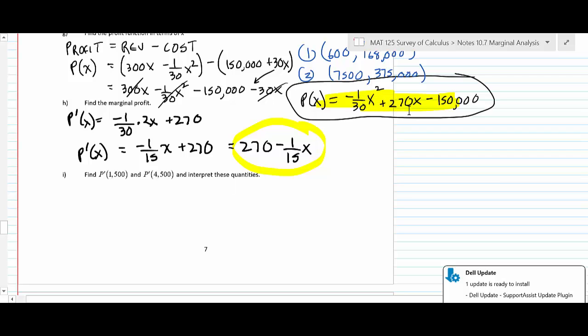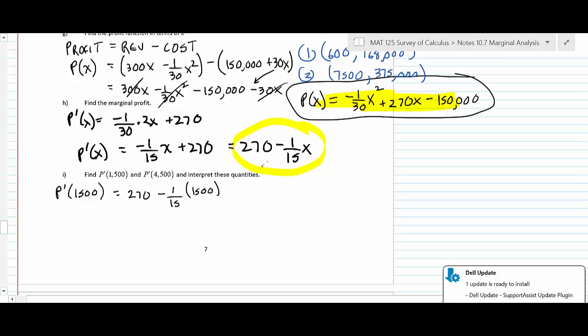number in front. Okay? So we want to close this off by doing the marginal profit at 1,500 televisions. So we're going to do 270 minus 1/15 times 1,500. Okay, and I'll just do this on my calculator here. You can just do 270 minus 1,500 divided by 15.